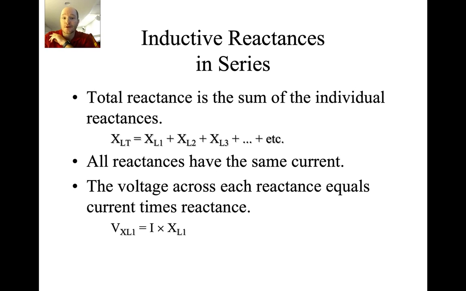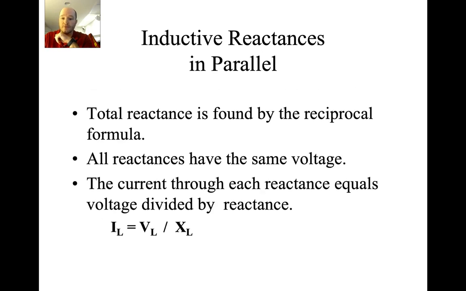So now what happens when we have multiple inductors in series, what happens with the total inductive reactance? I'm going to run through a couple of these examples here for you in a minute.